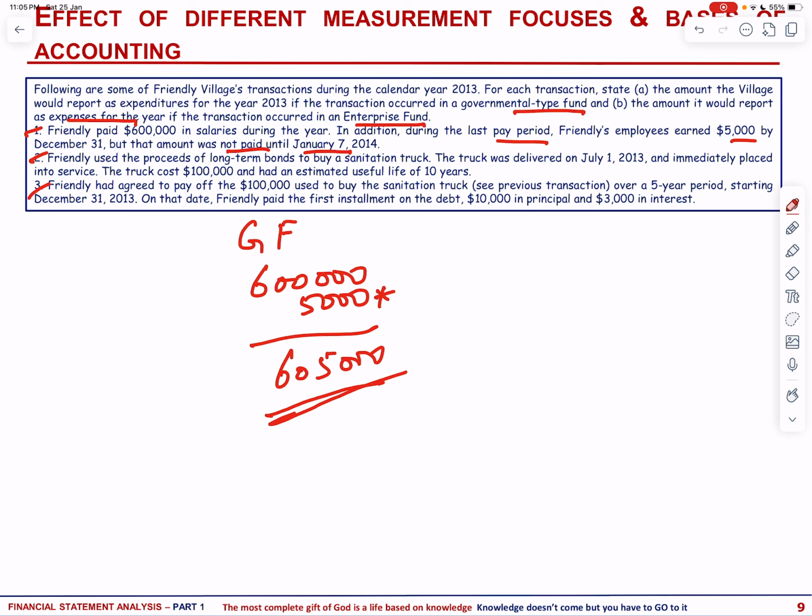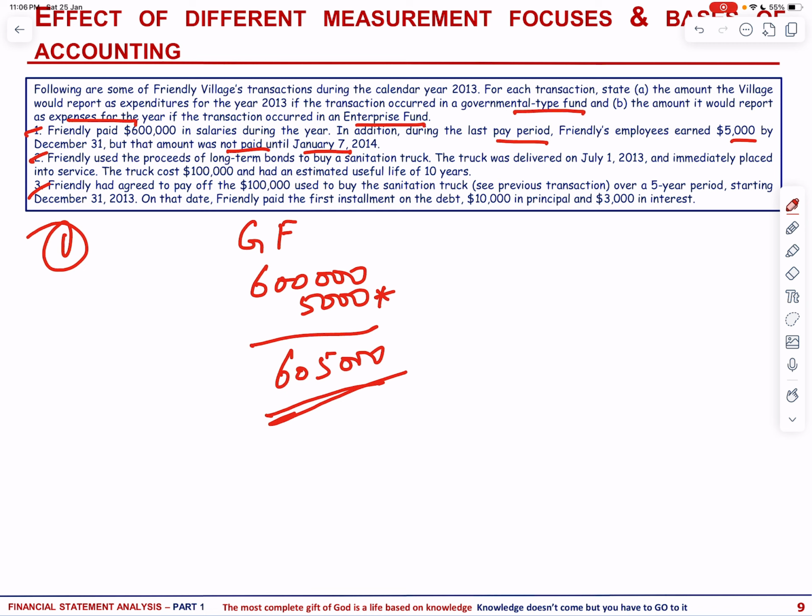Then for B, the enterprise fund expenses, if we take the same example, transaction number 1. Under the accrual basis of accounting, which is used for enterprise funds, expenses are recognized when incurred, regardless of when the payment is made.